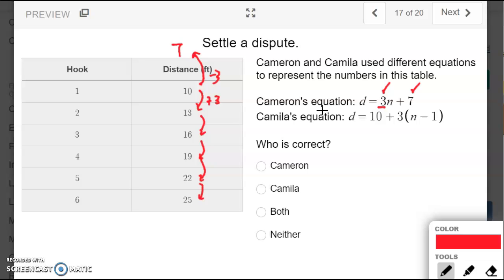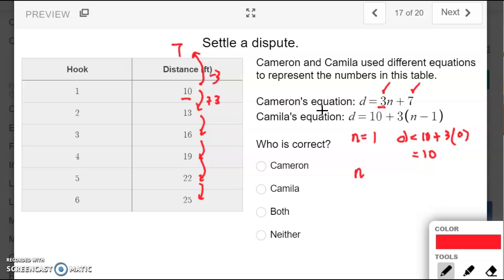What about Camilla? Would her equation work out? Let's check when n is equal to 1. When n is equal to 1, d is going to be 10 plus 3 times 1 minus 1, which is 0. So 3 times 0 is 0, so it's just going to be 10. And that's what we have. That checks out.